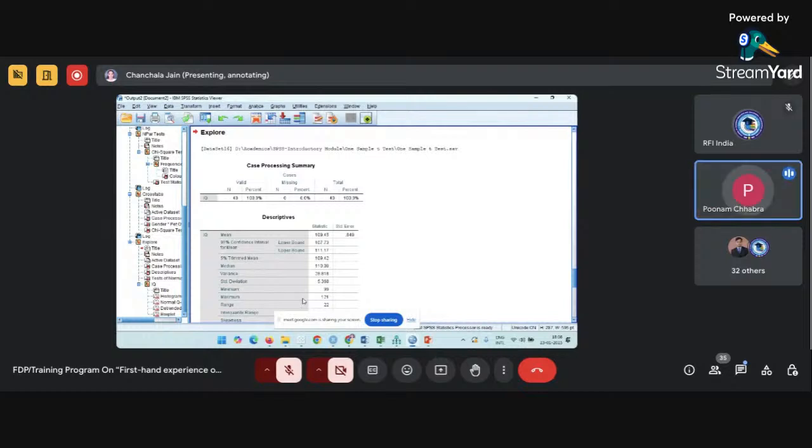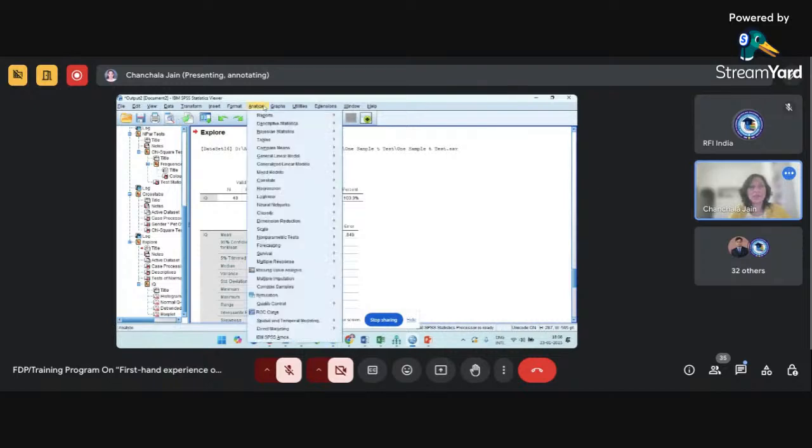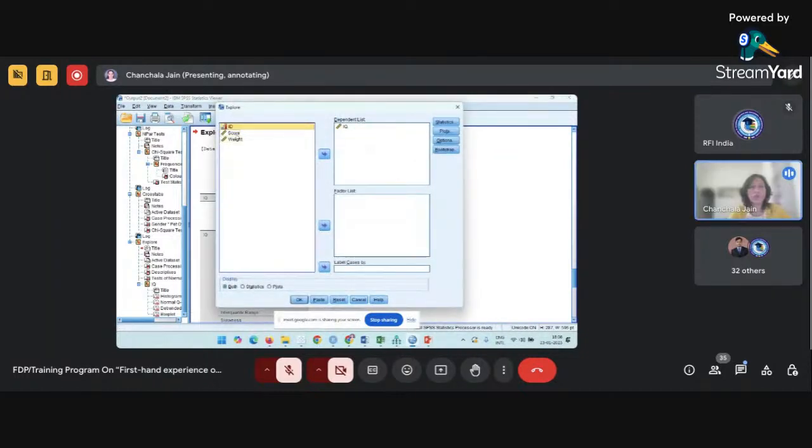Ma'am, please repeat these steps again. Okay. Go to Analyze, Descriptive Statistics, and Explore. Once you click on this, you need to shift your IQ variable into the dependent list box. Done. After that, you will go to Plots.